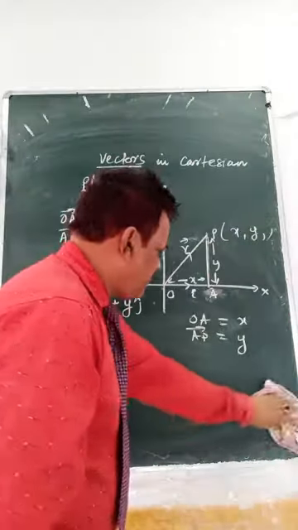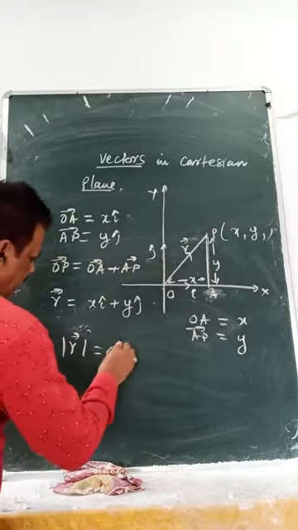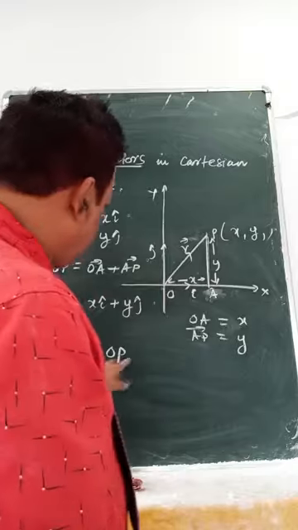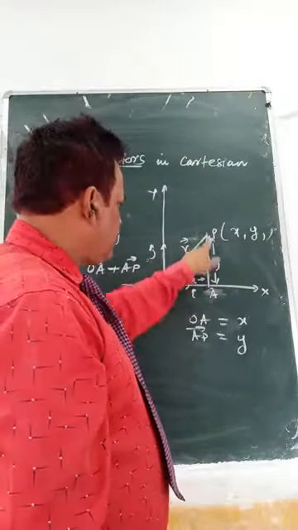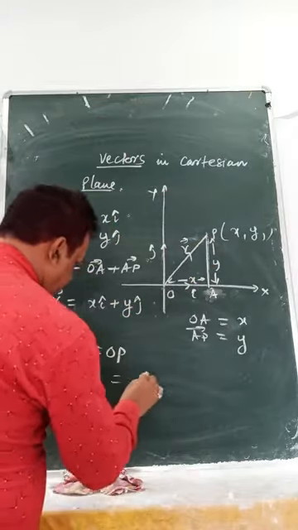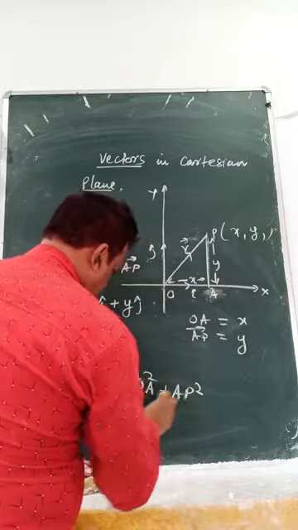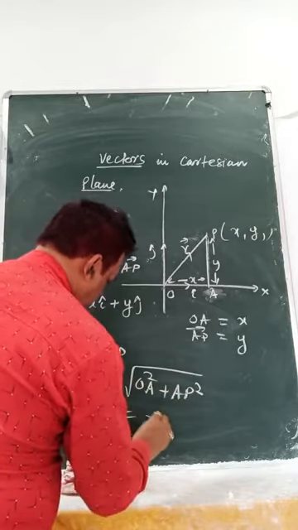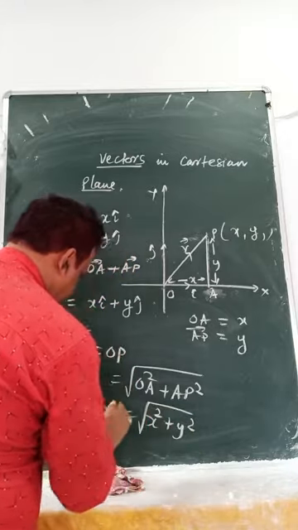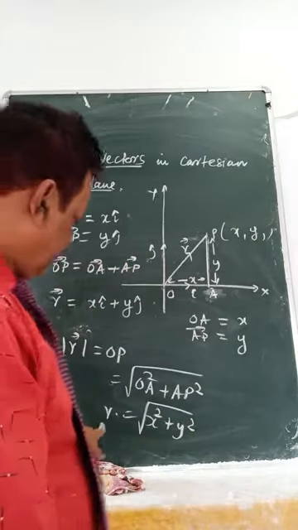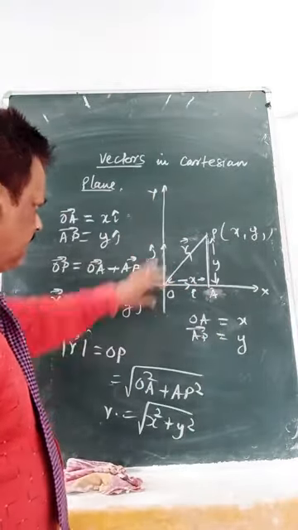Magnitude of OP means R vector's magnitude, that is only OP. Pythagoras theorem. Root of OA square plus AP square, that means root of x square plus y square. That is your R. Okay, so magnitude, got it.